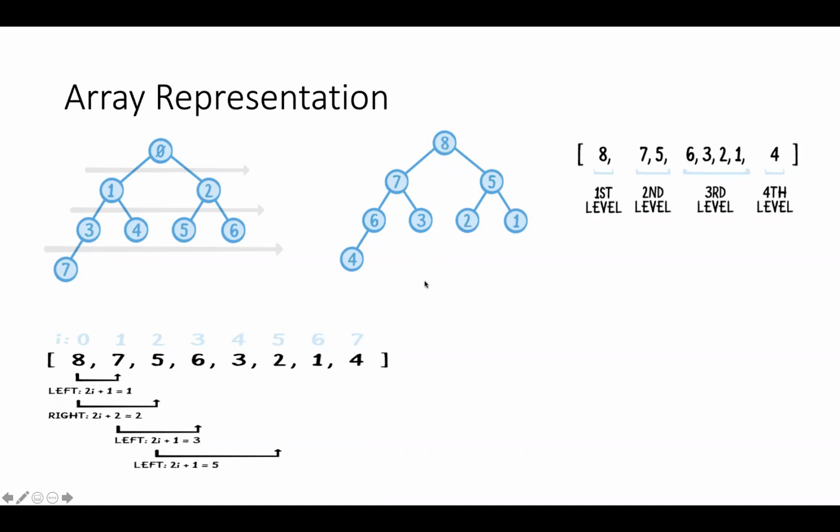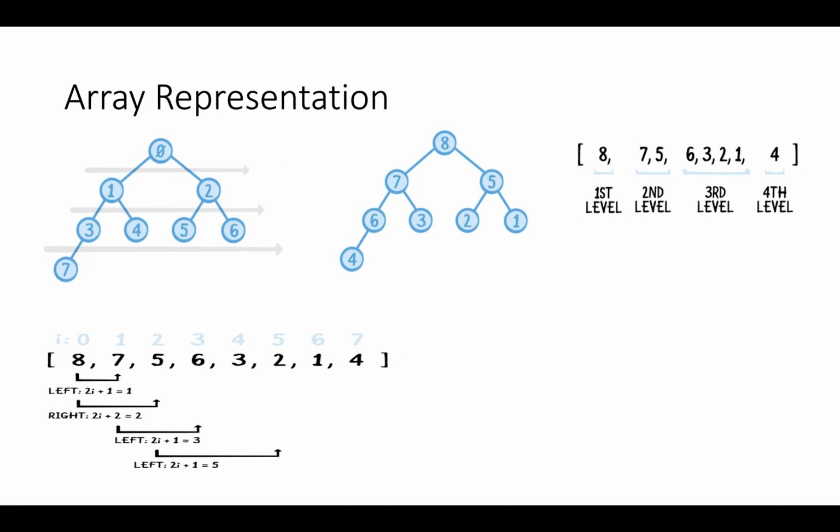And one more thing. Whatever array we are getting, should that be sorted? No, that will not be sorted. Right now this array, we will be doing the heapify operation on it to make it a complete tree with max heap or min heap property.